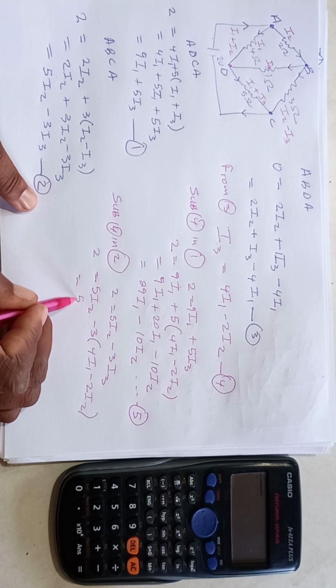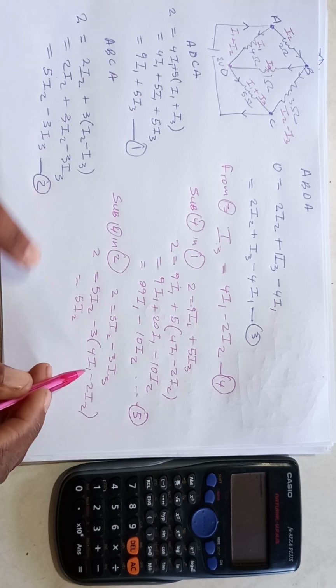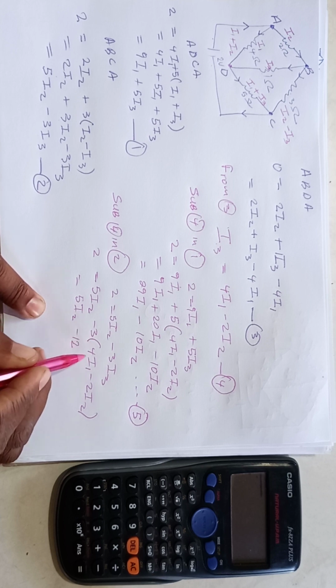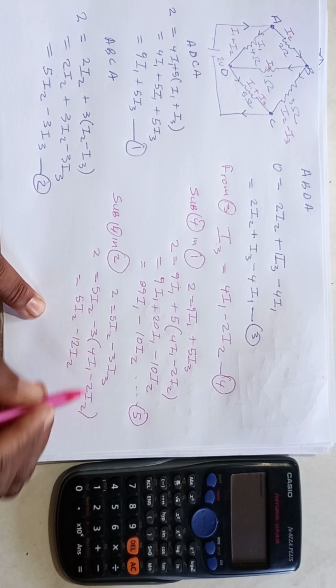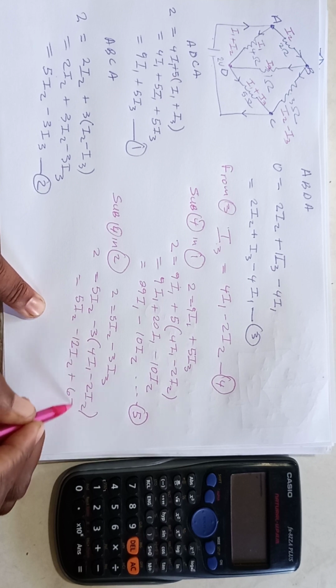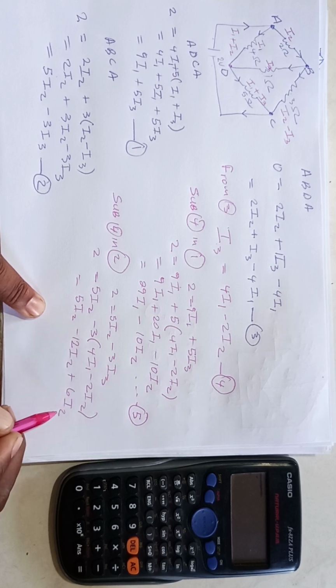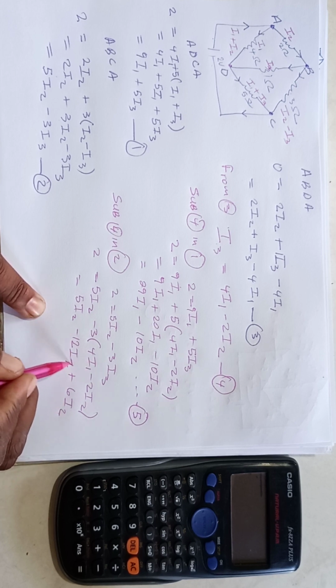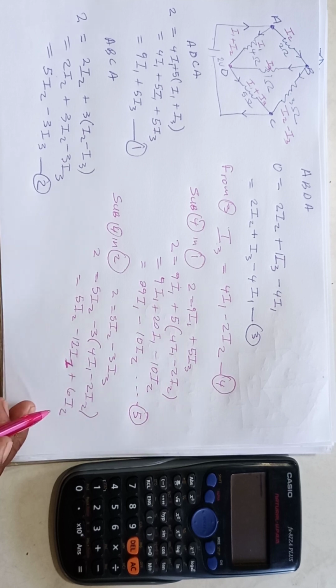So here we will still have 5I2, and here we will have minus 12. It's going to be 12, right? I2, and here it will be plus 6I2. So here it's I1, sorry, not I2.